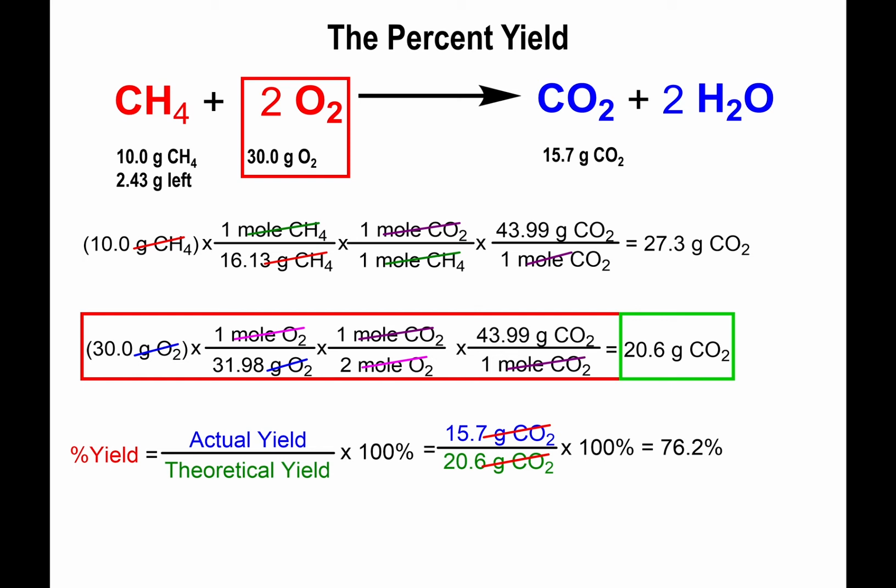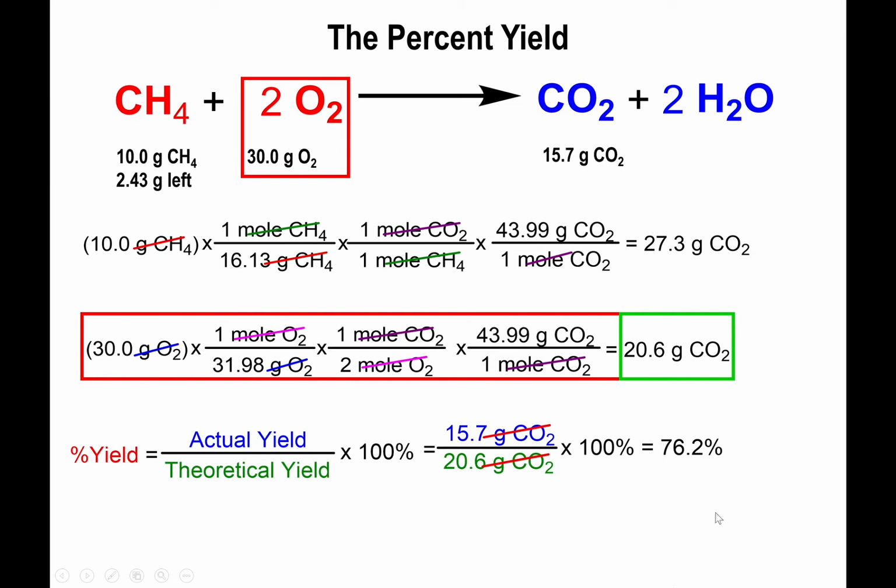Or two, your conditions are fine, it's your technique that's lousy, and so you're losing a lot of product in the process of trying to purify the substance and isolate it. In which case, you probably need to modify your technique or get advice on how best to handle the compound to not lose so much of it in the process of purification.